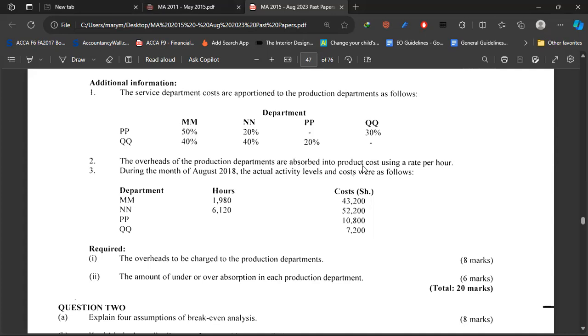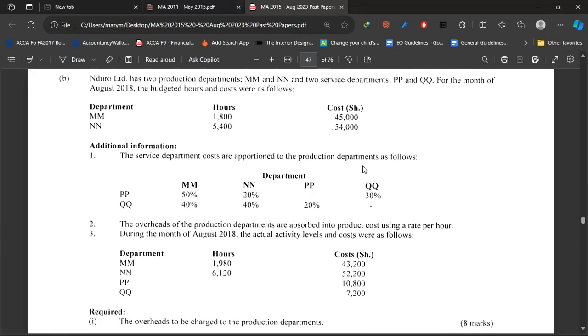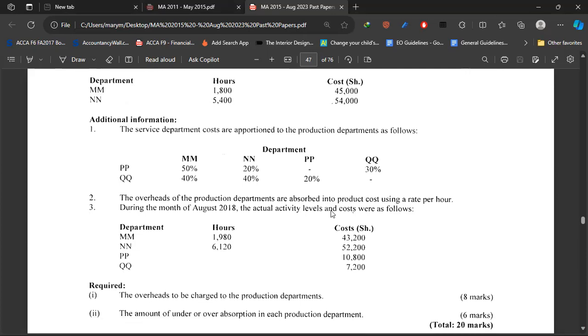That being said and done, because I want us to understand it fully, when you're doing this question of the overheads to be charged to the production departments, please just use the step and close down method. So how am I going to be working on this question as provided? When this question comes, or if it is coming next week, this is how you are supposed to be solving it.